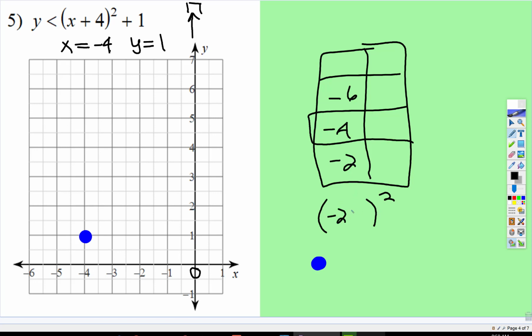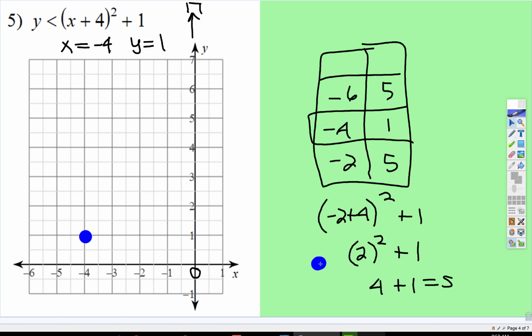So I'm going to try -2 plus 4, plus 1. So negative 2 plus 4 is 2. 2 squared is 4. 4 plus 1 is 5. So at negative 2 we'll be up at 5. And because it's symmetrical, at negative 6, we're up there at 5.